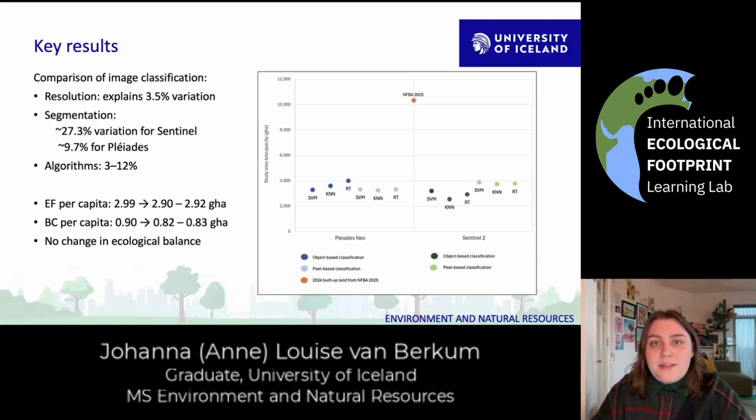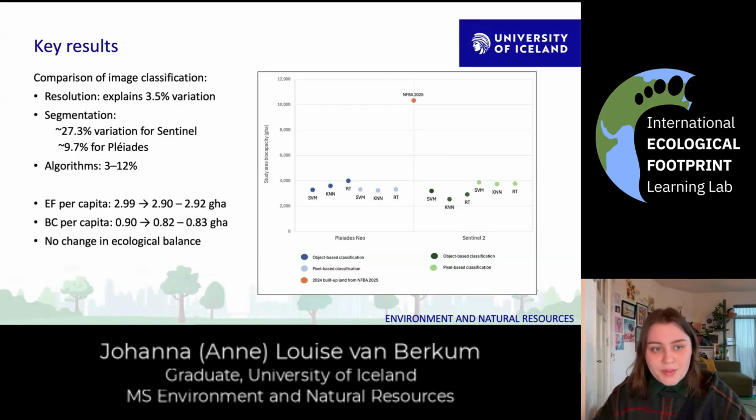And one of the reasons that this could be is that because the pixels are already bigger, they already, in a way, segment themselves and filter out some of those shadow issues that were mostly an issue in the Pleiades images. And then the segmentation is not very necessary anymore on top of that lower resolution. For Pleiades, segmentation was also a big factor, but not as big as in Sentinel.